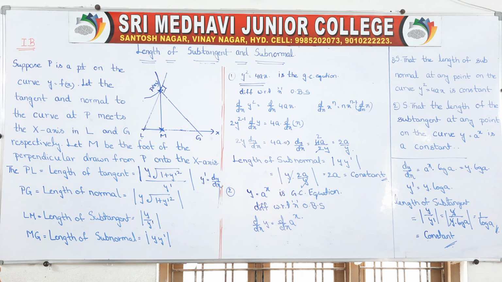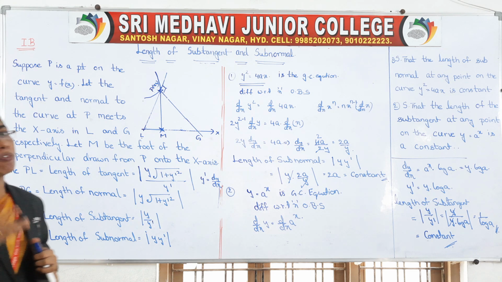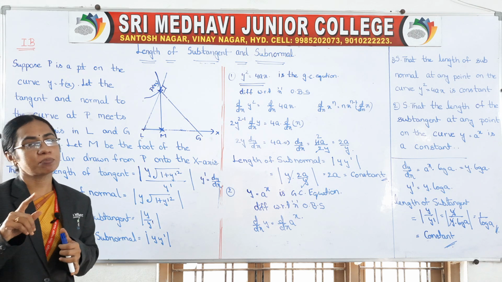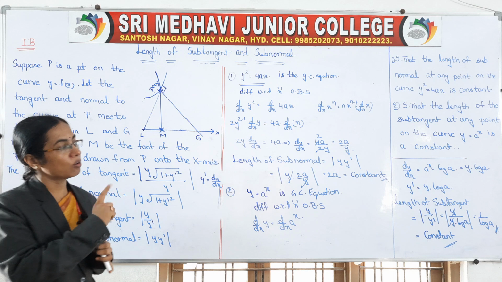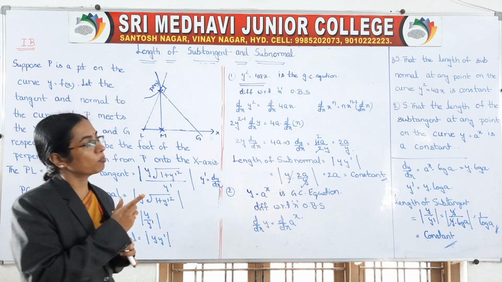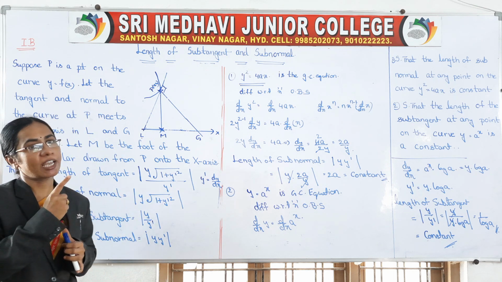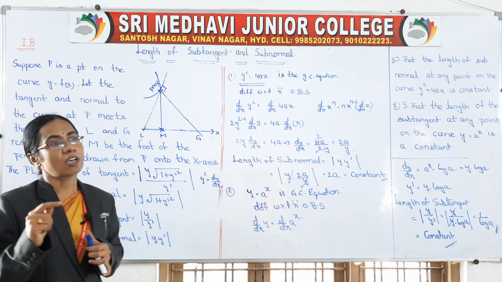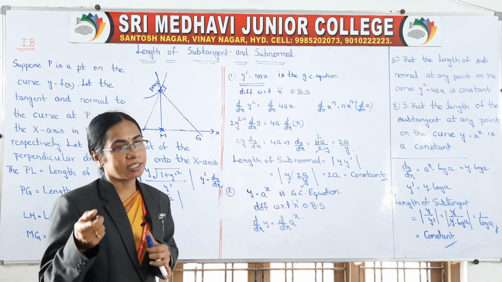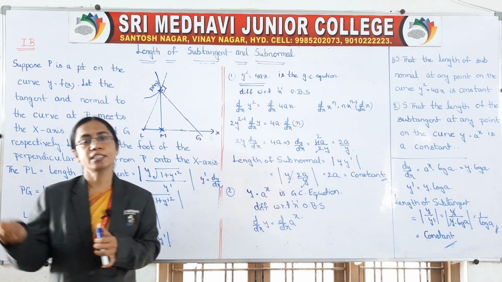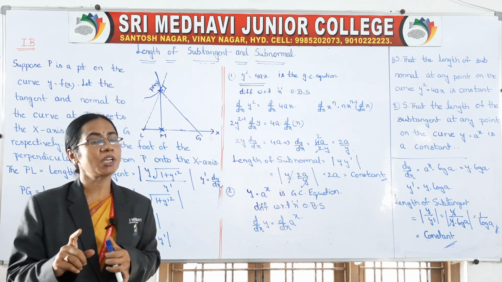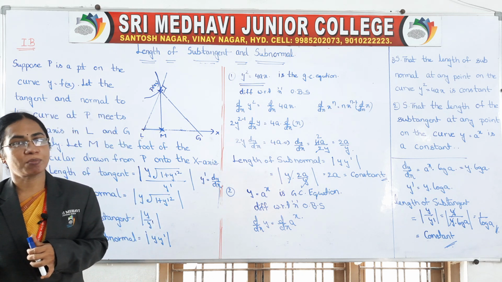From this topic, we are having one 7 marks question and one 4 marks question. We solved some 7 marks questions now. Now we have to get 4 marks questions from subtangent and subnormal. Suppose in the question it is asked the length of the tangent, length of the normal, length of subtangent, length of subnormal, all 4 are asked, then it belongs to a 7 marks question.